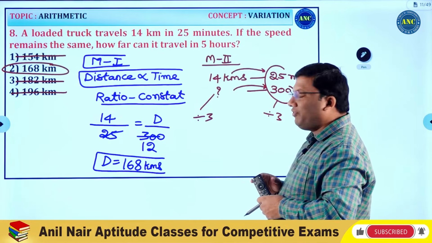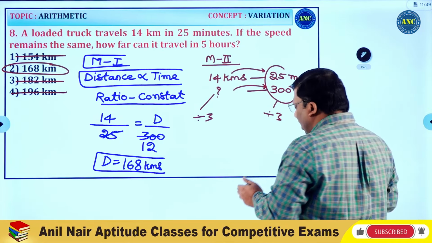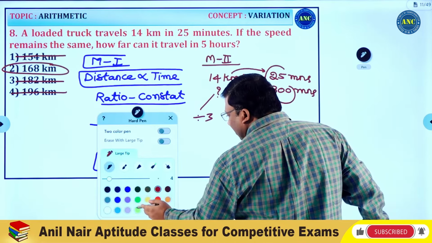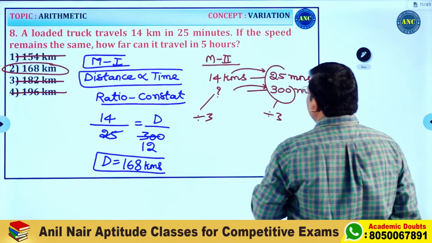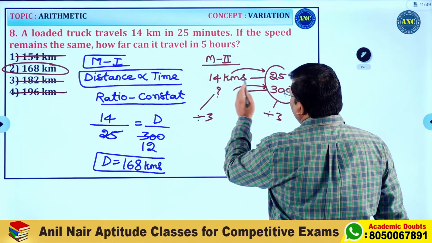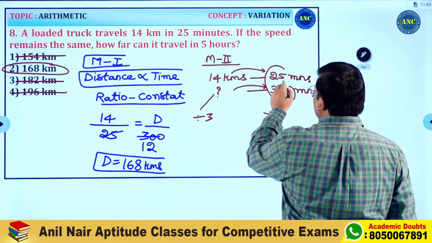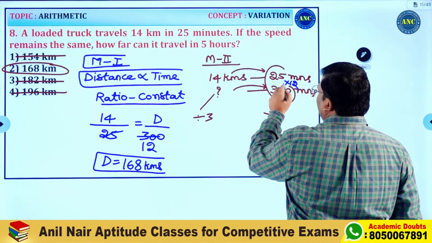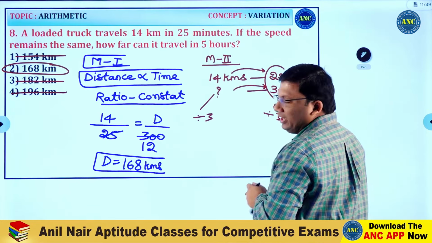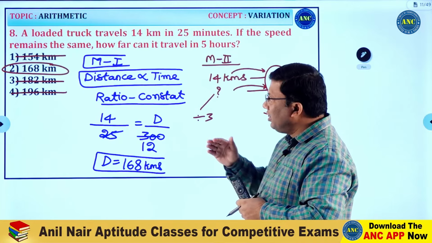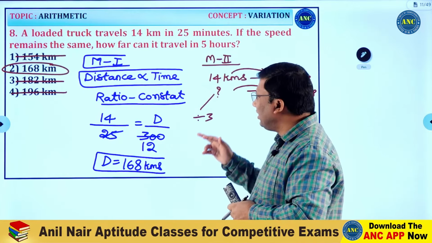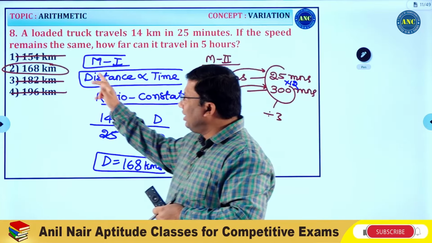First option 154 is eliminated. Or you can also do it like this. Now if you see here, 14 kilometers in 25 minutes. 25 10s are 250. Answer is 10 into 14, 140, just greater than that. 154 is incorrect.